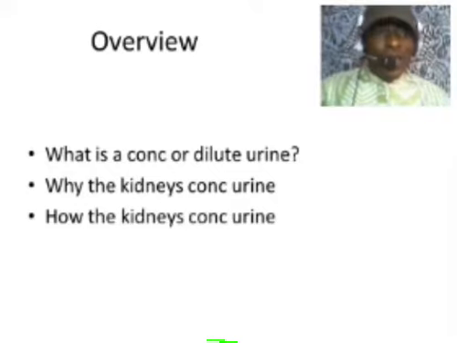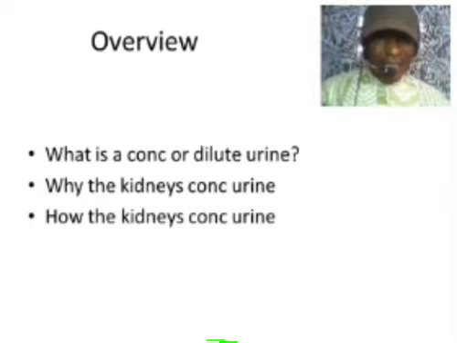So when the urine passed out is small, it means that that urine is a concentrated urine because it has less water in it and more solutes. But when the volume of the urine passed out is large, it definitely means that that urine is dilute or diluted because it has large water and less solutes.